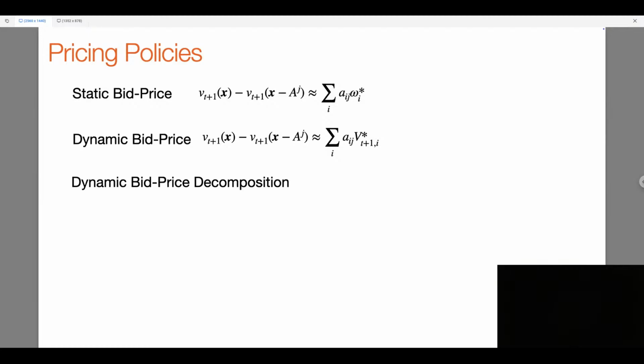And another type is called dynamic buy price computation, which is quite difficult.